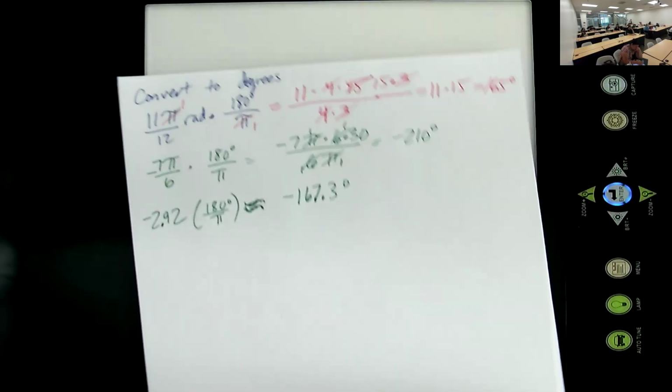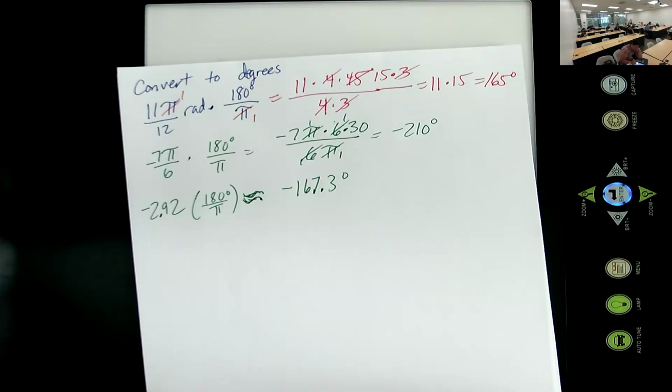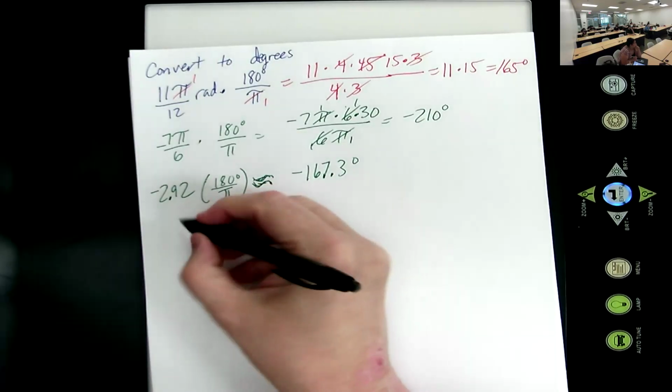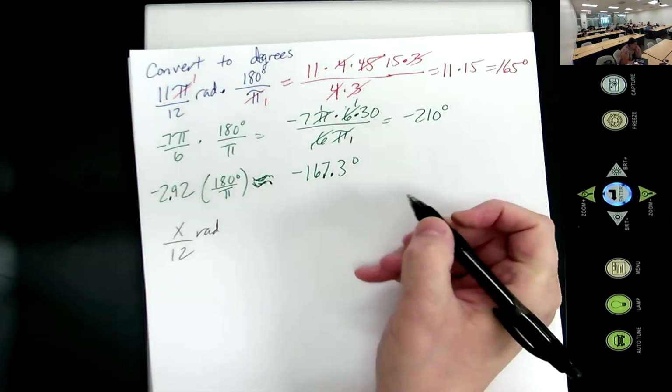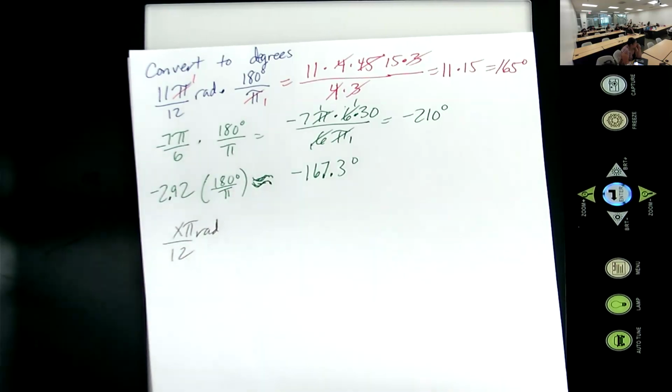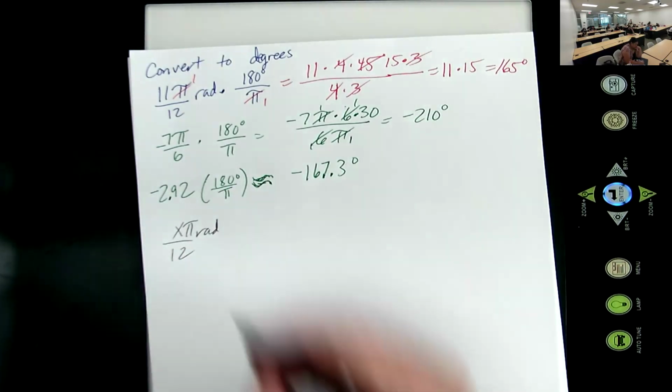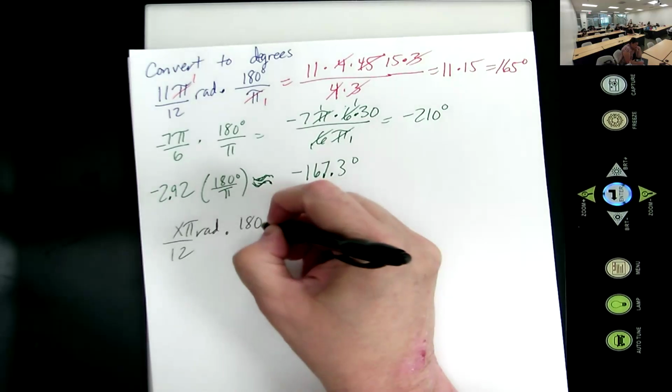So before we jump to the next part, let's just take a look at some common denominators and how many degrees it is at a time. Let's say we had x pi over 12 radians, and you multiply by that 180 over pi.